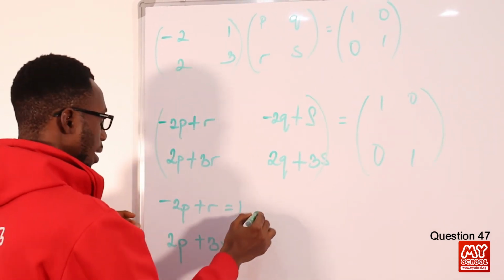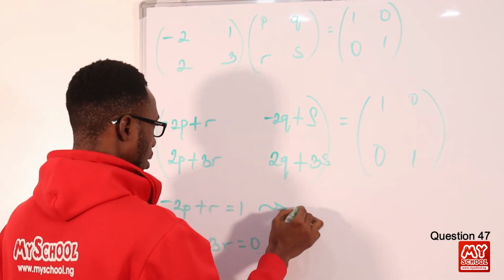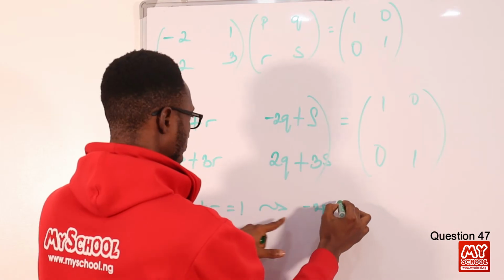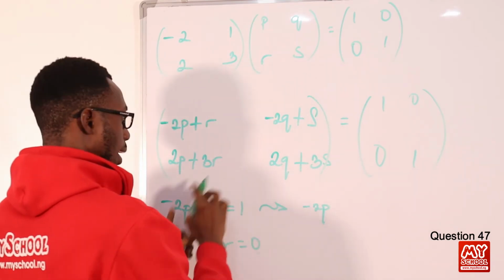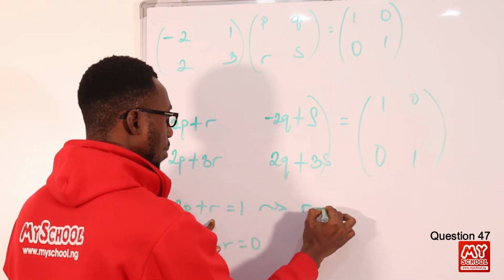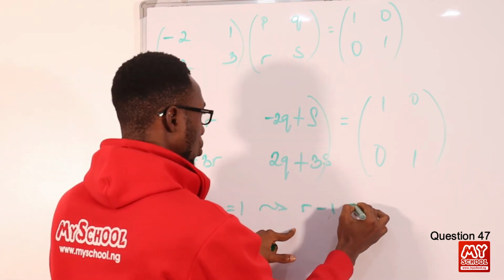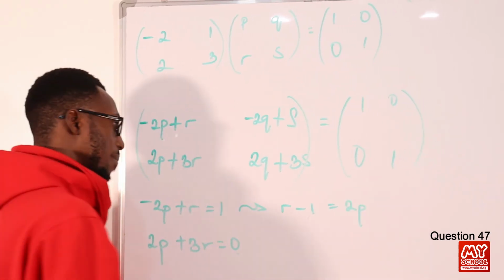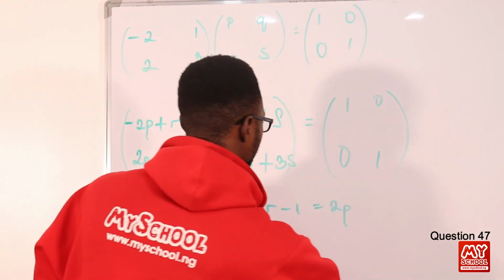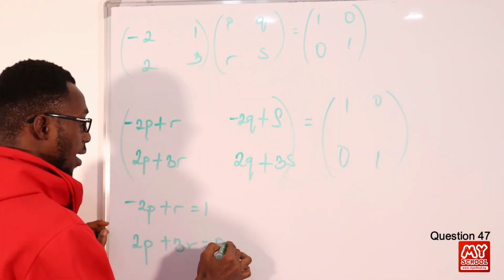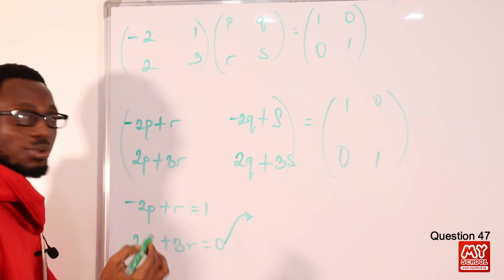So I can send 2p outside. So I will have r minus 1 equals 2p. I divide both sides by 2, isn't it? I get my answer. Or I can use this. Any one you use, you should arrive at your answer. Okay? I'm just trying to explore.